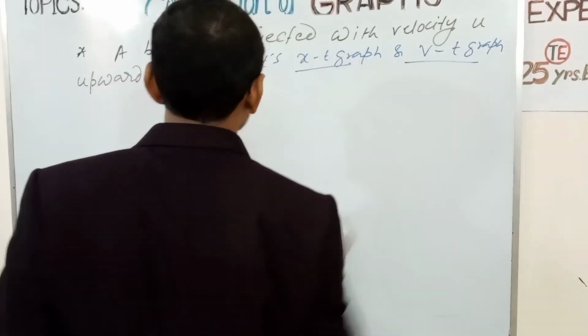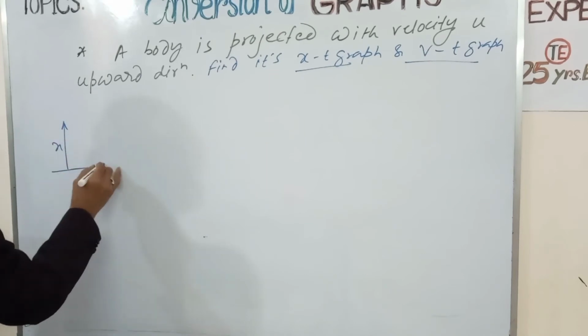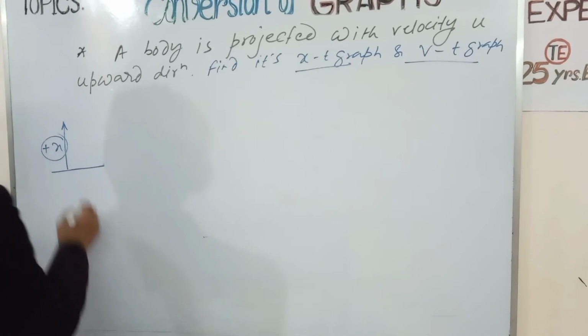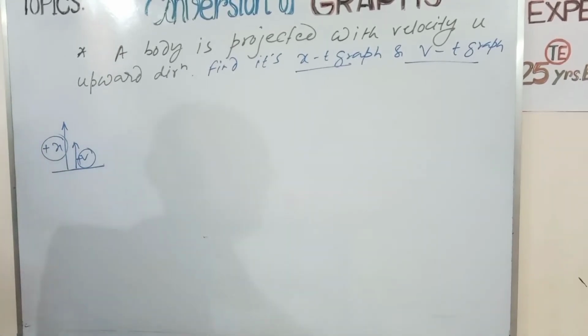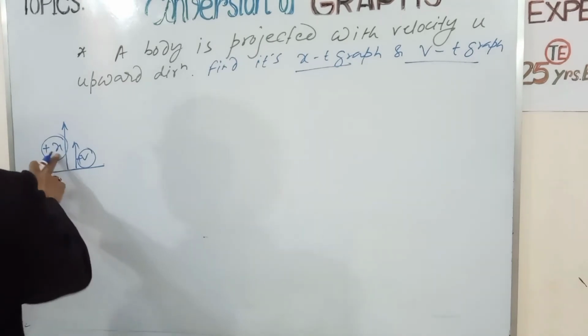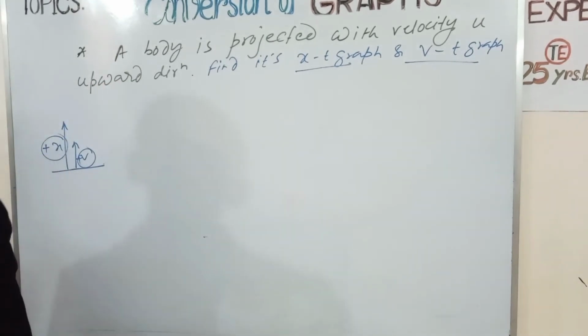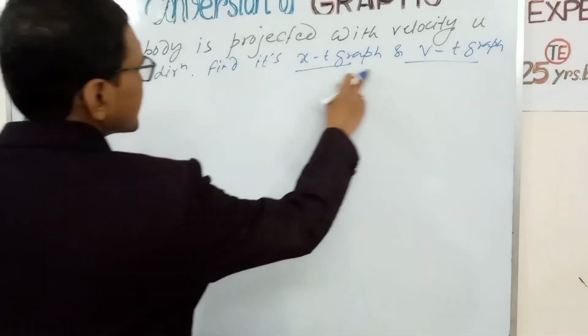If we take the upward direction as positive, plus x, and upward velocity v also positive, then what is the xt and vt graph of this particle? A body is projected with velocity u, find its xt graph and vt graph.